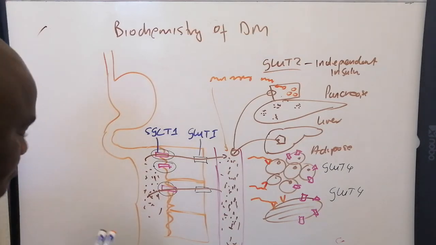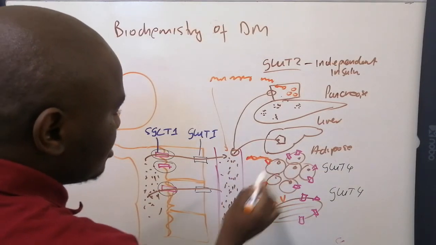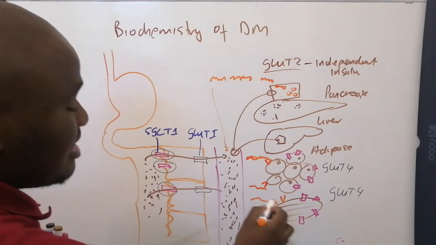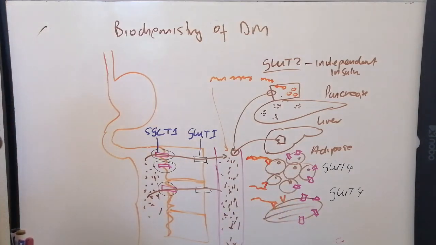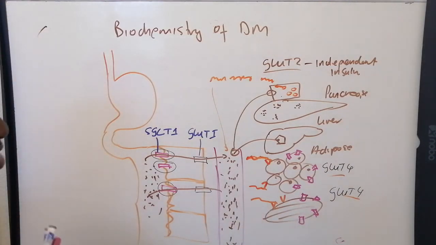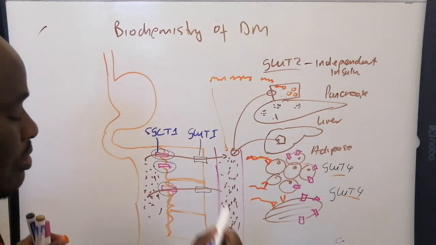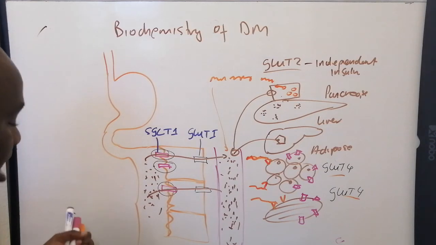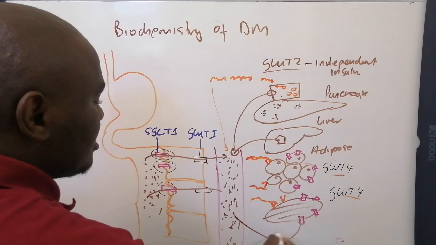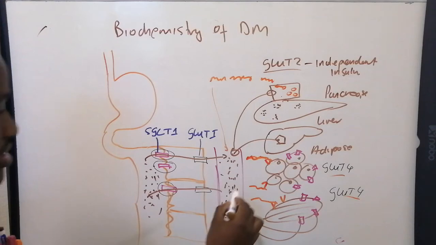So, okay, we're saying that insulin binds to its receptors on the cell surface of these two tissues. Once insulin does that, the GLUT4s that are stored within the cytoplasm of these cells become expressed on the outside of the cell. When that happens, now you get a massive movement of glucose into these tissues via those GLUT4 transporters.